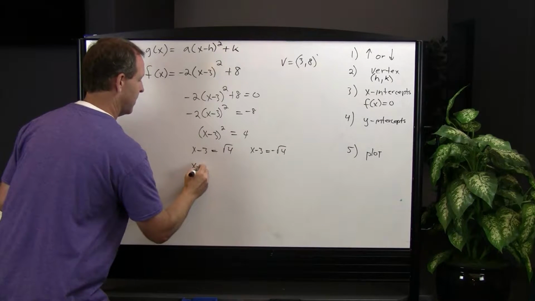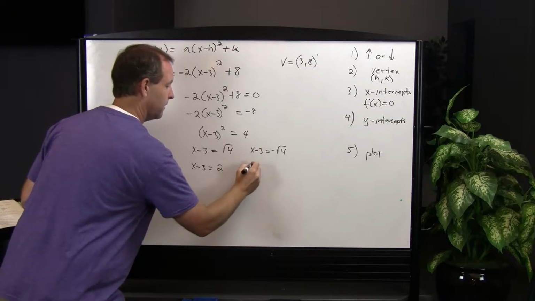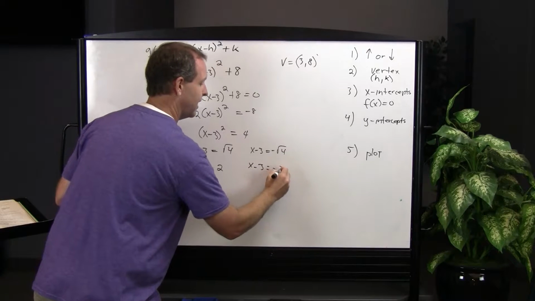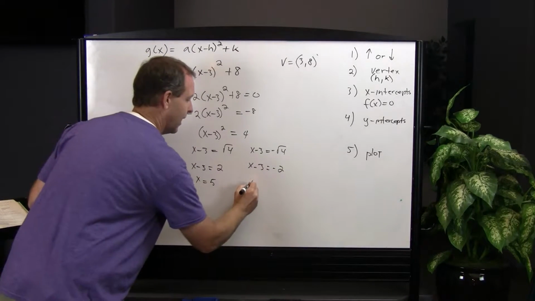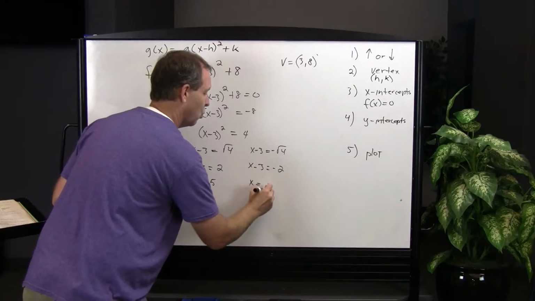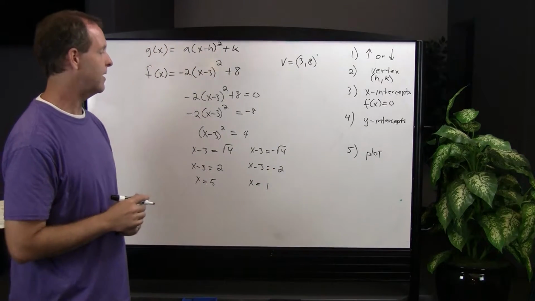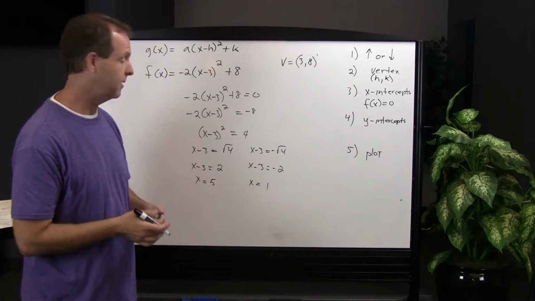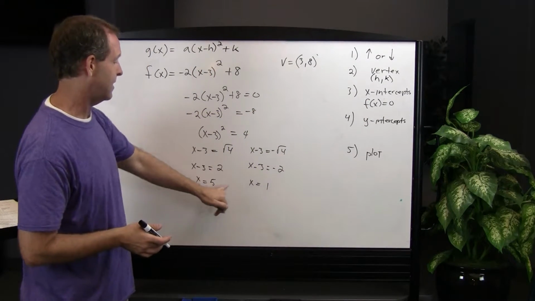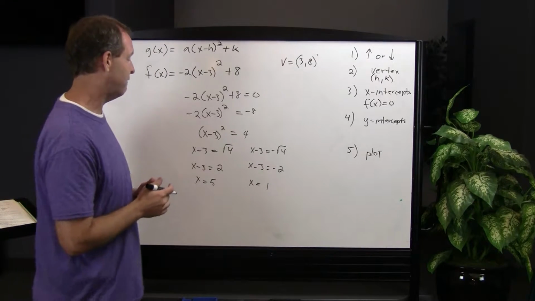So x minus 3 equals 2, or x minus 3 equals -2. x equals 5, or x equals 1. So I determined that I have x-intercepts. I have 2 of them, and I have them on the x-axis at the point 1 and at the point 5.